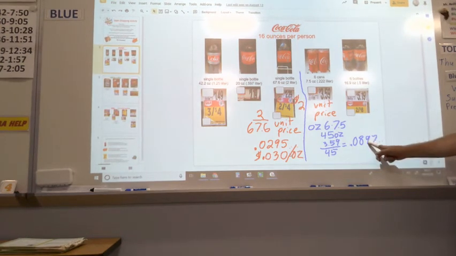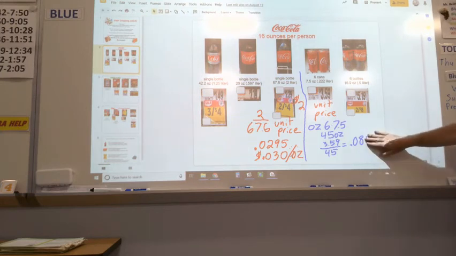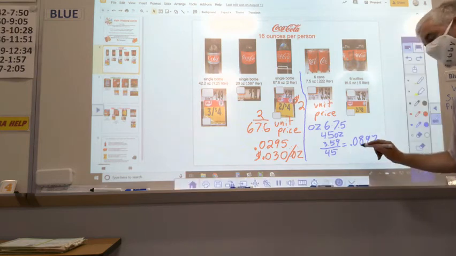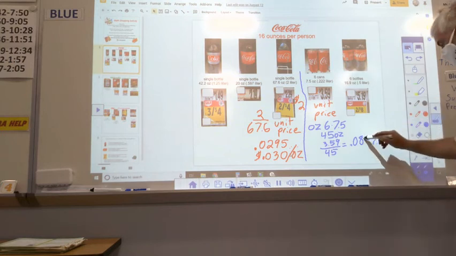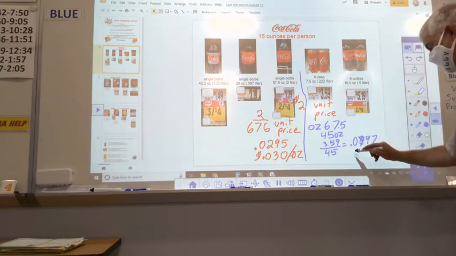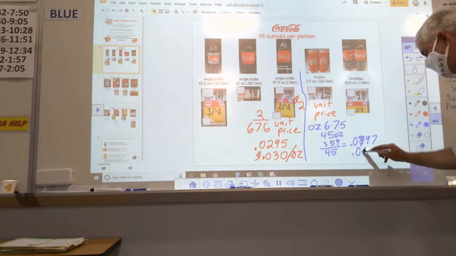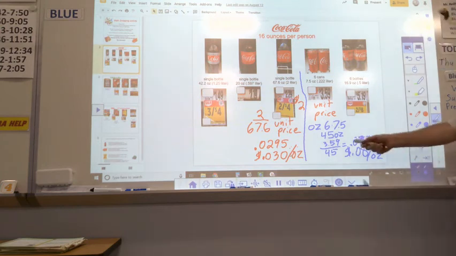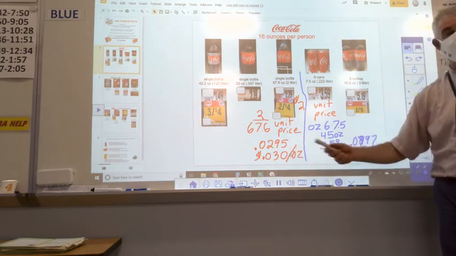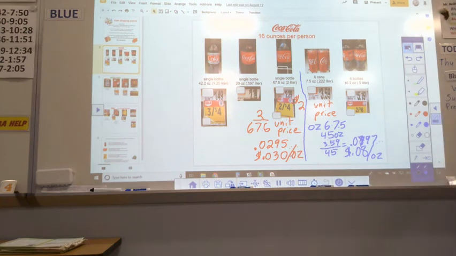Not 7, because this next one's a 9, right? If this next digit's a 9, I would round that up. Oh, sorry, that's a 7. So the answer here is that this is about 8 cents per ounce, okay? Way more than this one, which is 3 cents per ounce, over twice as expensive, okay?